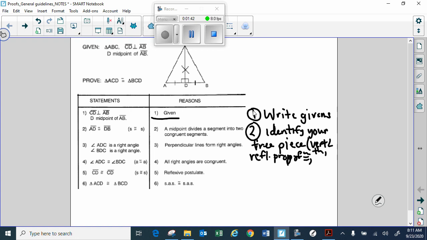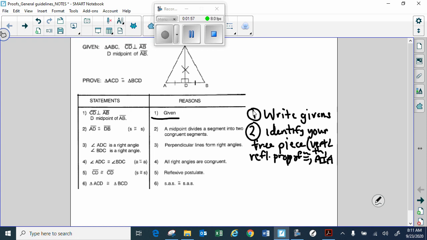And the last major one is the alternate interior angles theorem. When I have parallel lines cut by a transversal, then I know alternate interior angles are equal. Those are the main three that you can get by yourself.